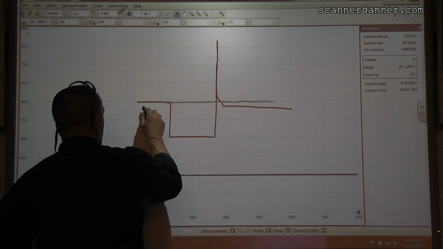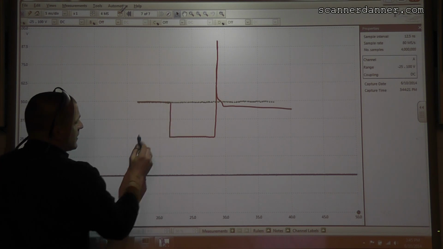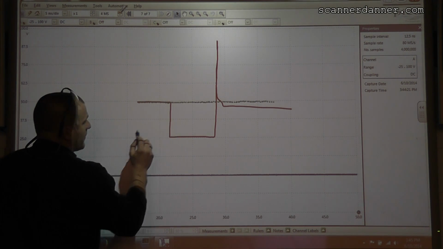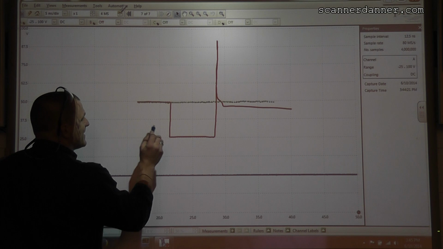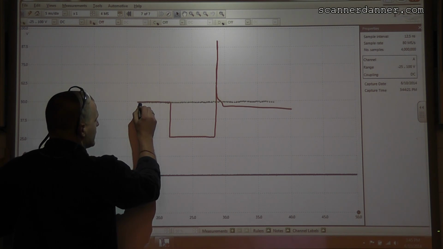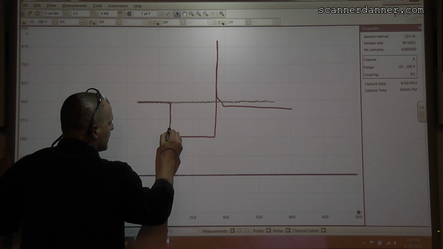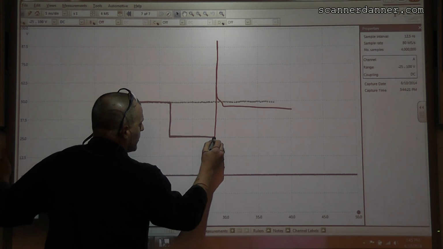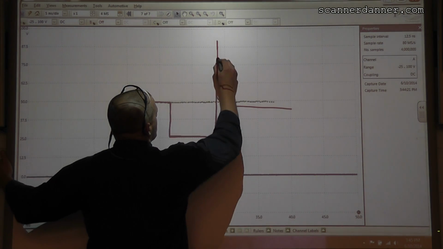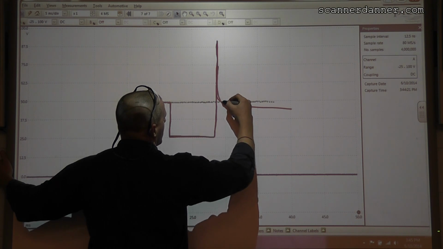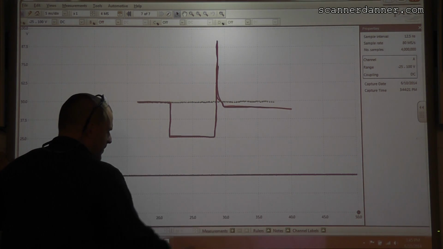Exactly what we see here. The interval in between these green dots is close enough that I'm not going to miss any of this signal. So each dot would represent a sample, and I see every bit of this signal that I've drawn here. I don't miss any of it.